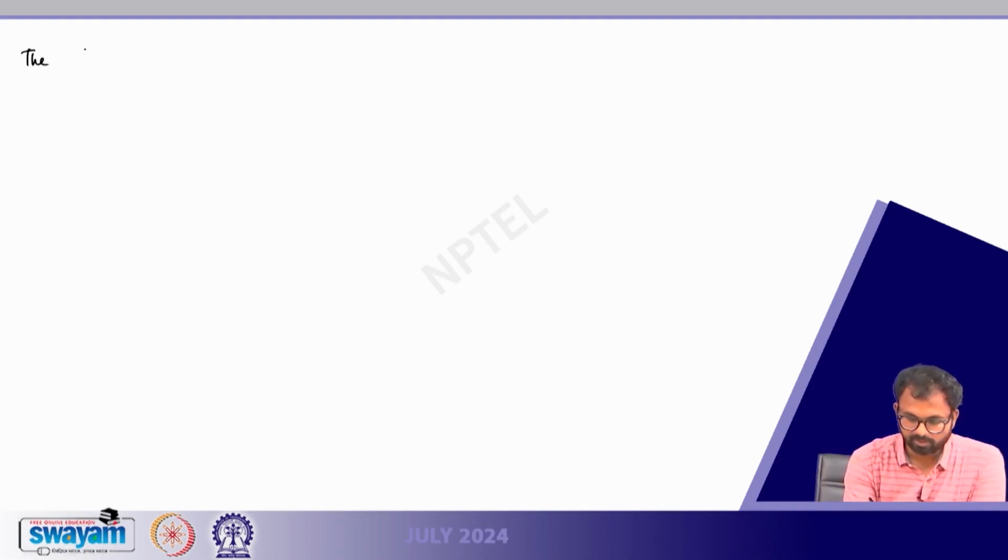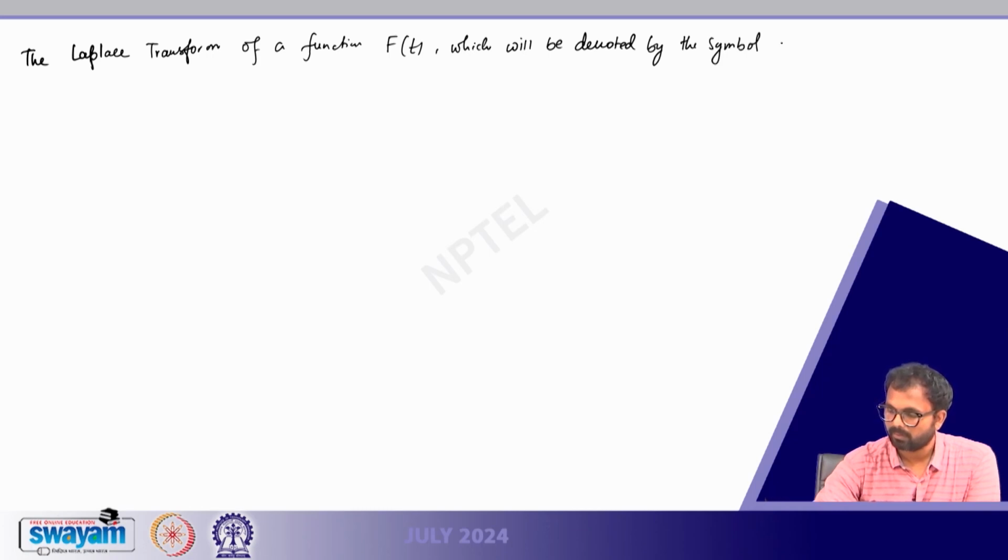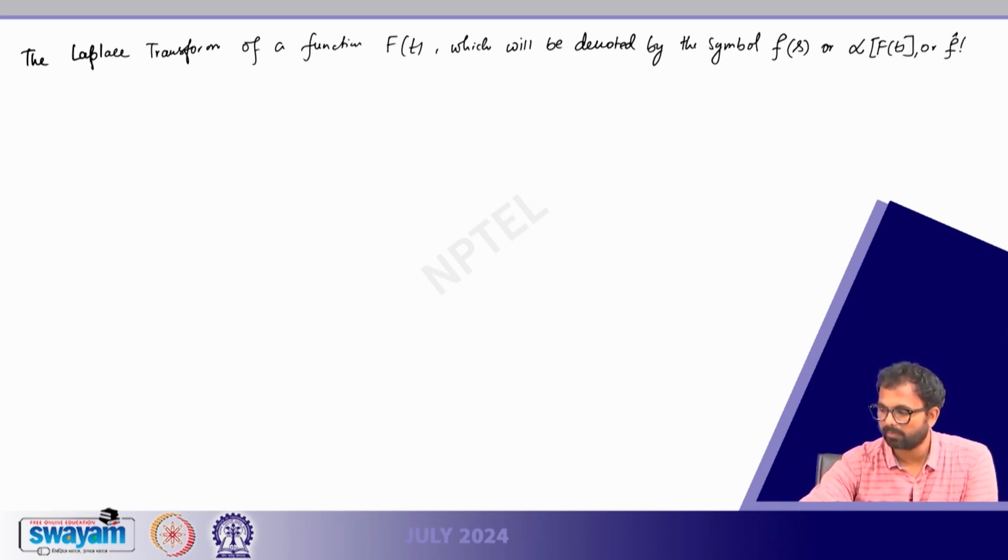So the Laplace transform of a function capital F(t), which is a scalar function, will be denoted by the symbol small f(s) or L of F(t), or some people also write it as capital F(s).